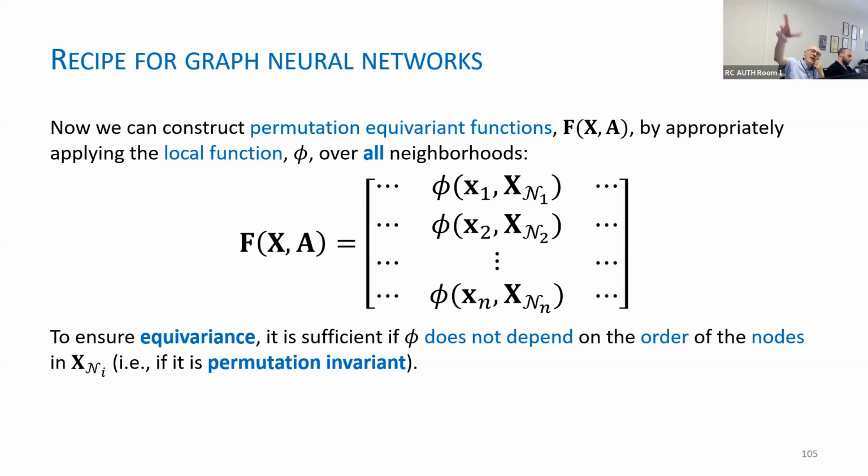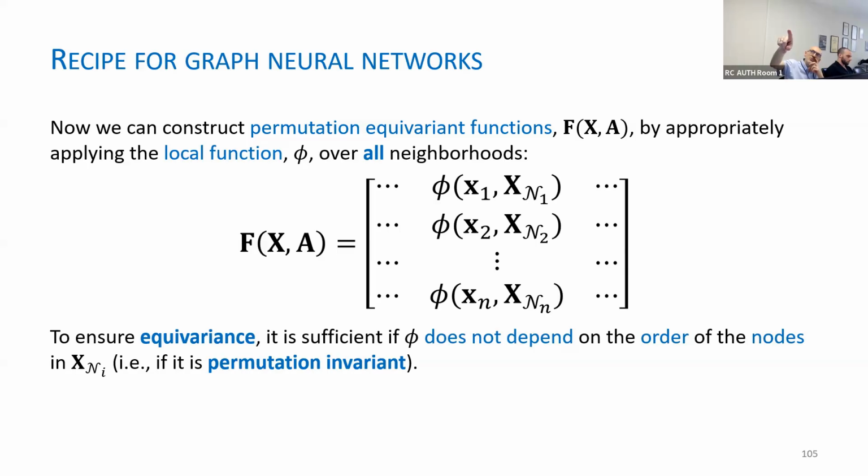This is similar to what we have done for points, because in that case we applied that function on the individual points. Here we apply this function to the nodes and their neighbors, and in this way we can obtain this big F function, which is actually equivariant. To make sure that this is true, it is sufficient that the function phi does not depend on the order of the nodes in the neighborhood.